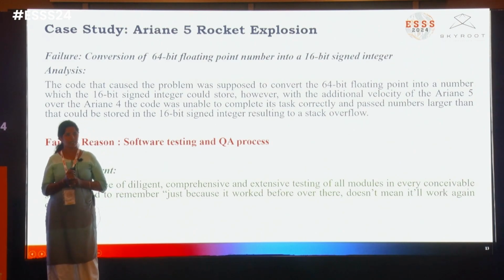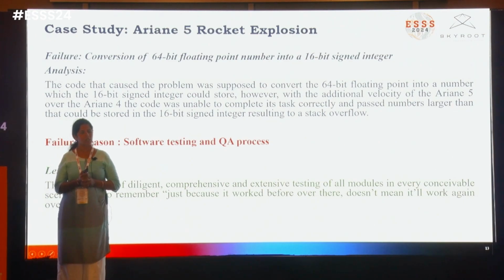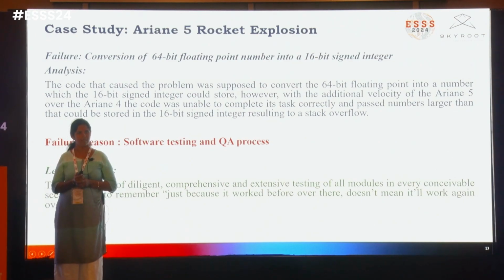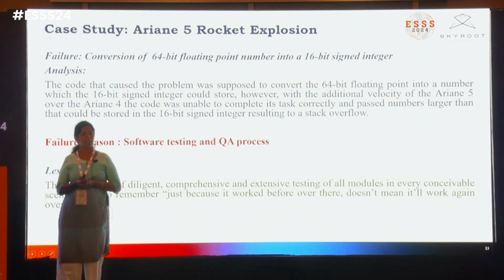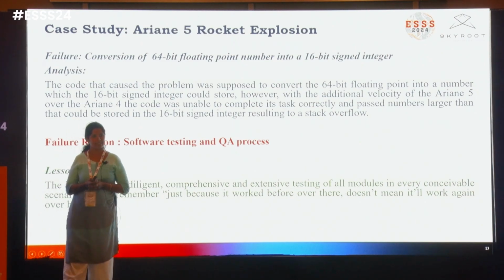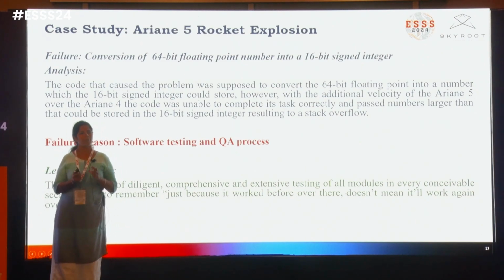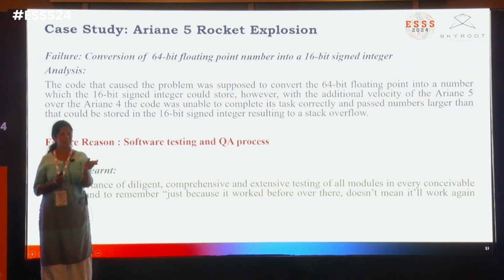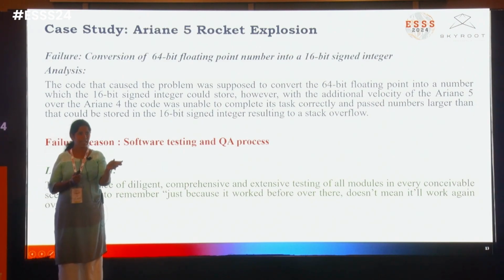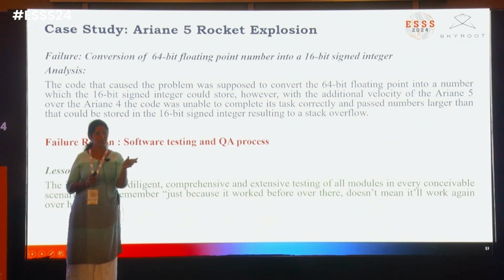When they reused the Ariane 4 software in the 5 series, a conversion issue happened in the inertial reference system, where a parameter was converted from 64-bit floating point to a 16-bit signed integer, and that value was beyond the storing capability of the 16-bit signed integer, which caused a stack overflow, raising an exception.